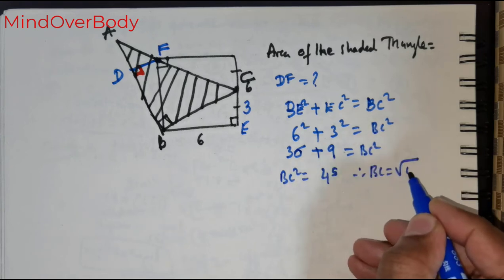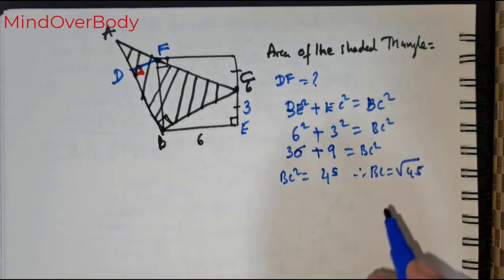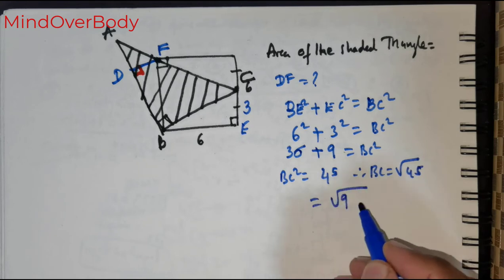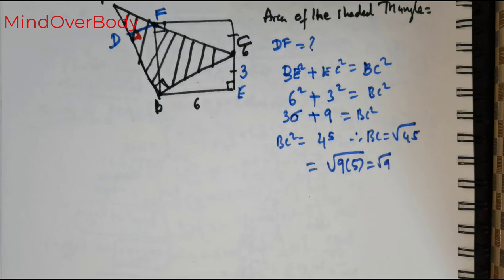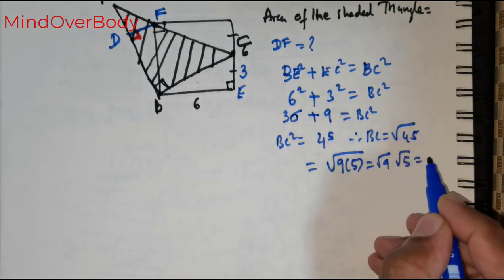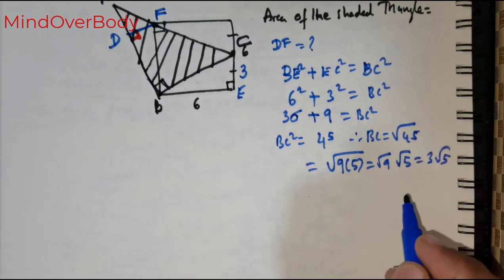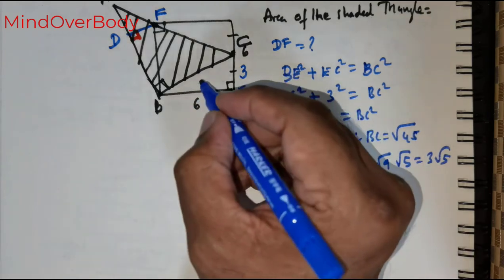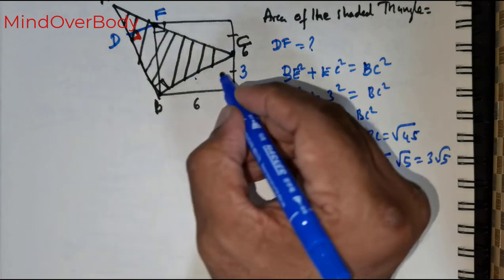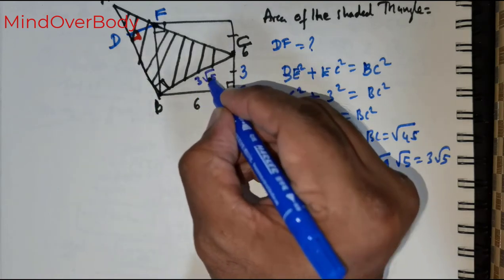Therefore BC is equal to root of 45. Now 45 I can write as 9 times 5, which is going to be root of 9 times root of 5, which is nothing but 3 root 5. And what is this? This is my BC. So let me write that down. BC is 3 times root 5.